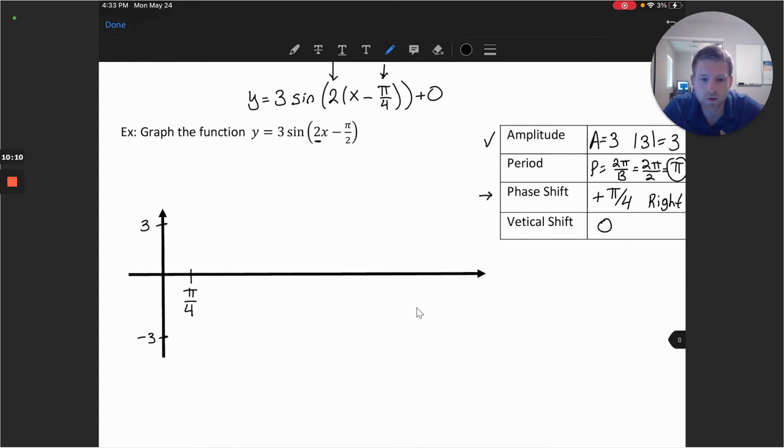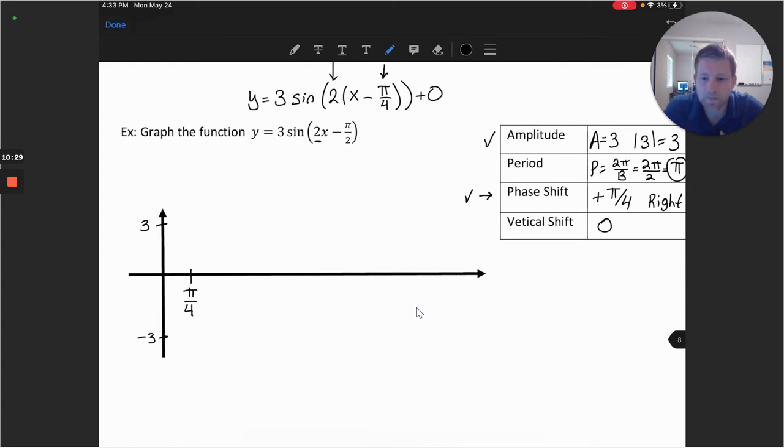The next thing I'm going to consider, now that I got my phase shift going on, is my period. So from this starting point, pi over 4, I know I'm going to do a full cycle in pi units.